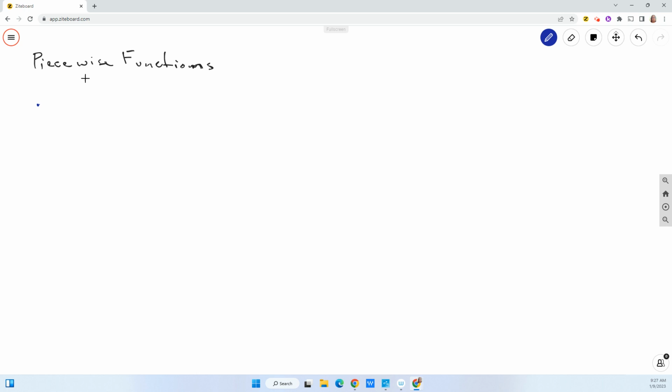When we talk about piecewise functions, it's basically a makeup of two or more functions, and they each have different domains.